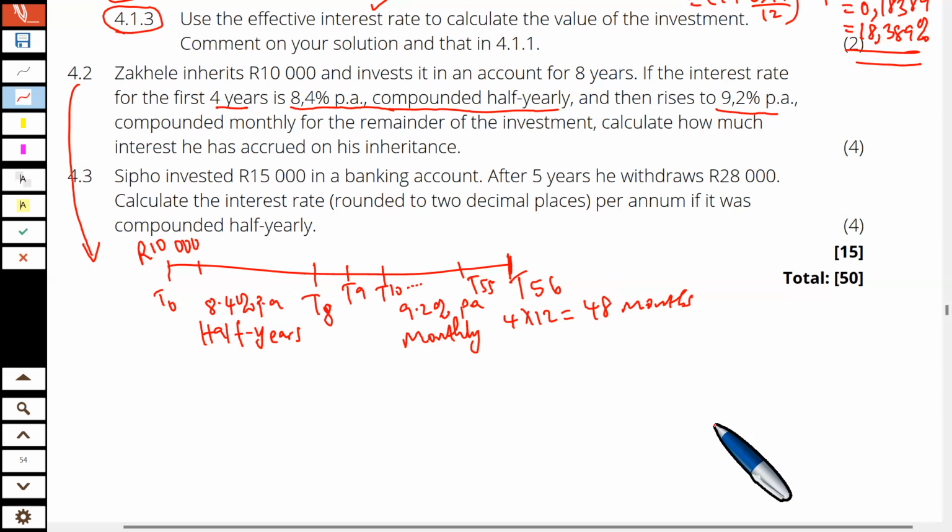Yes, please. I got 12.67. Okay, what did you get? 12.67. Okay, can you type it on the chat so that I can be sure.